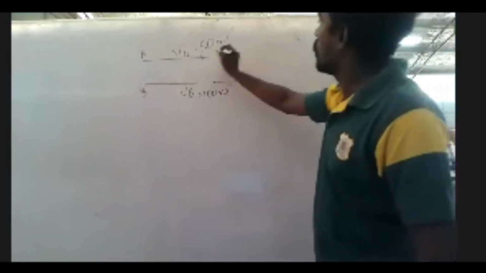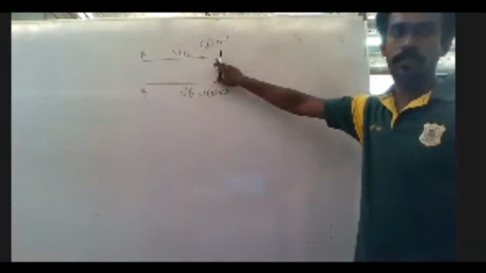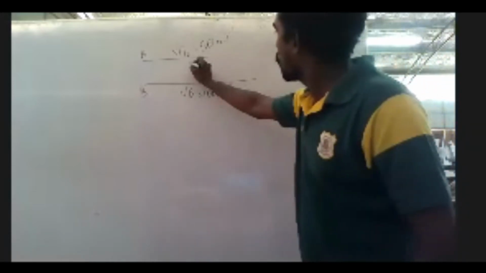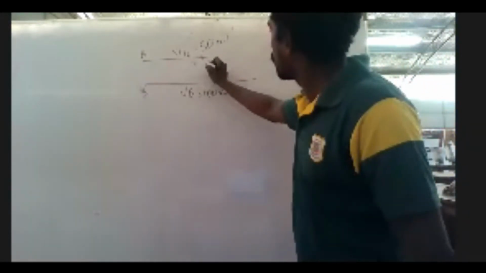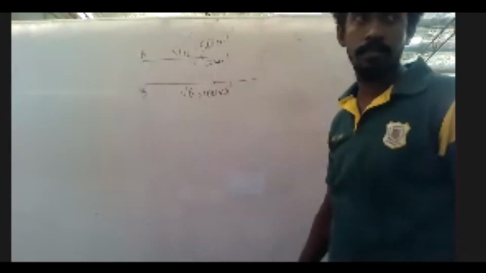A is moving with 50 meter per second this way, so I will give another velocity in the exact opposite direction, again 50 meter per second.